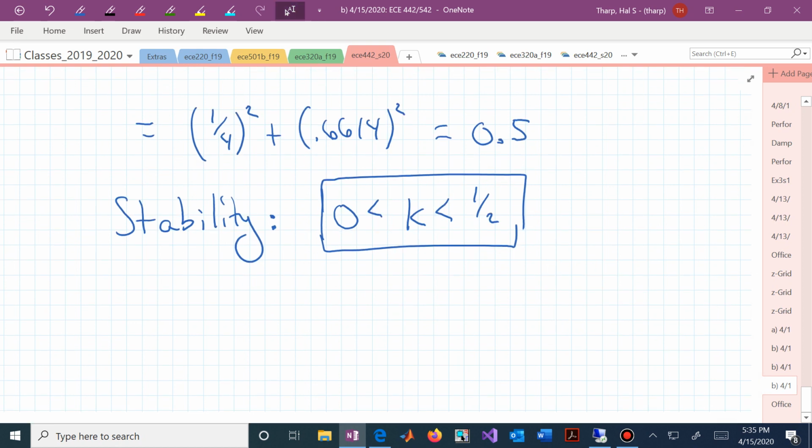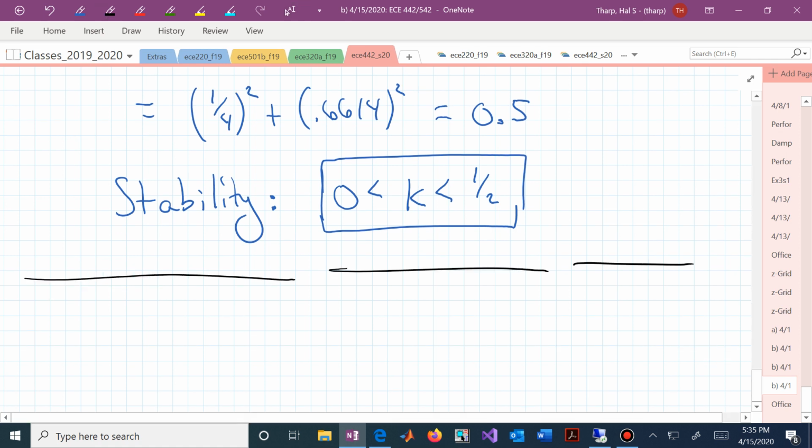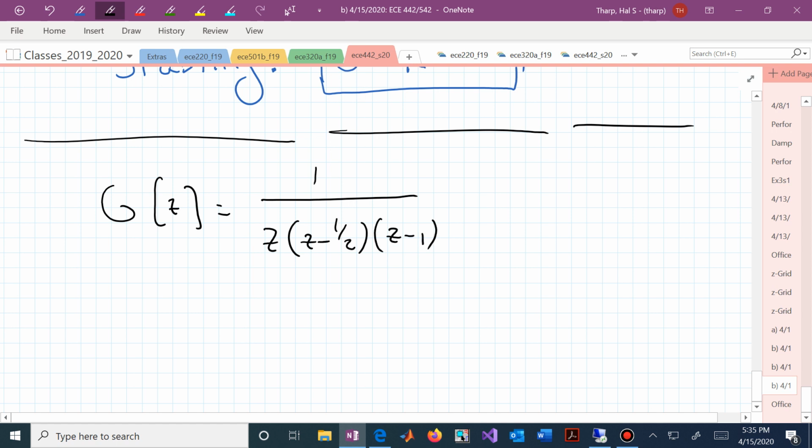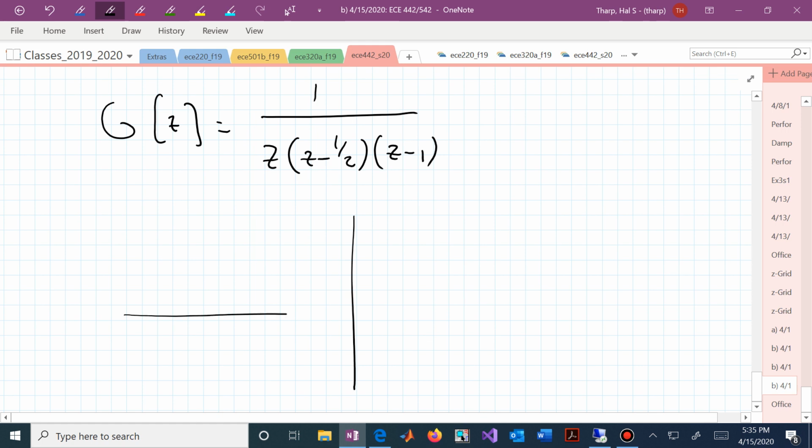What about if we make it a little bit more interesting? We went from 1 pole to 2 poles. Let's make it now a third pole. Suppose g of z is 1 over z, z minus 1/2, z minus 1. We now have a pole at 1, a pole at 1/2, and a pole at 0.